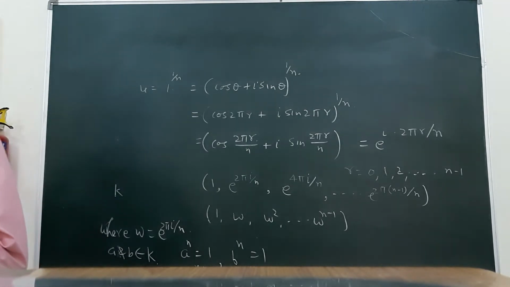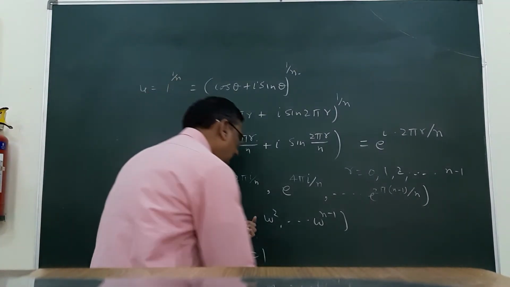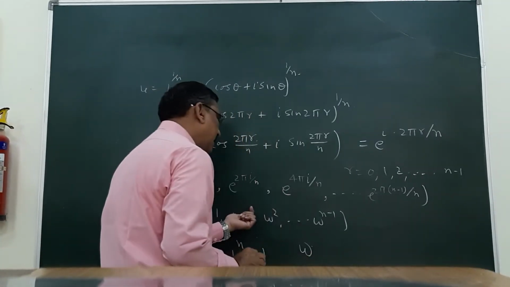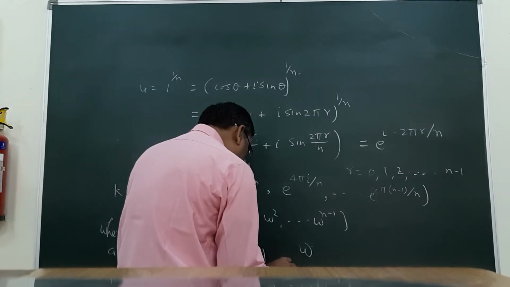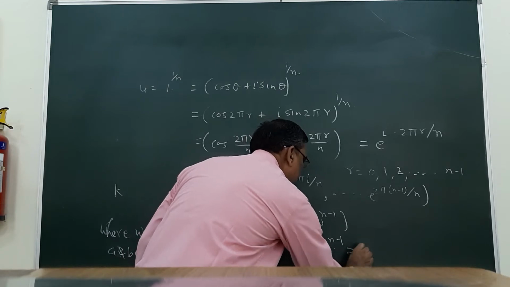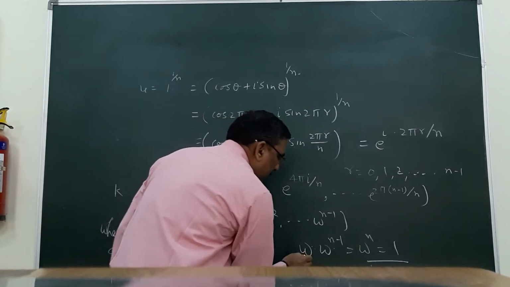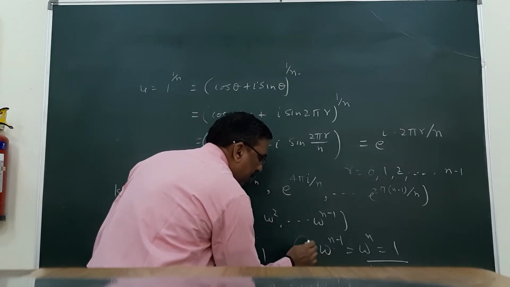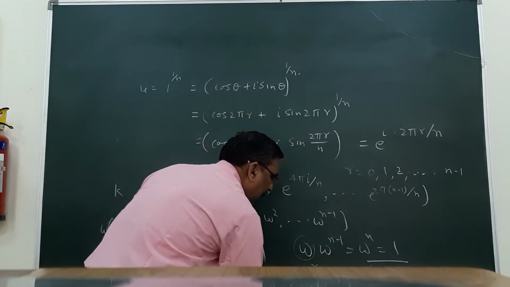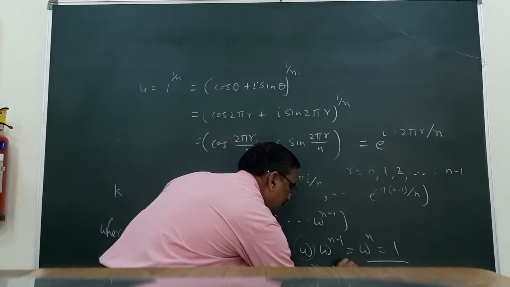For the sake of inverse, we can take any element omega. If omega is any member, then its inverse will be omega raised to the power n minus 1, since omega raised to the power n is equal to 1. So the inverse of any element, say omega raised to r, can be defined as omega raised to the power n minus r.